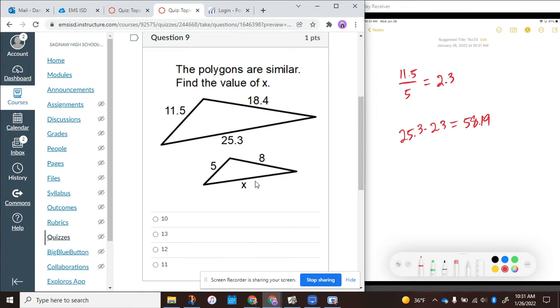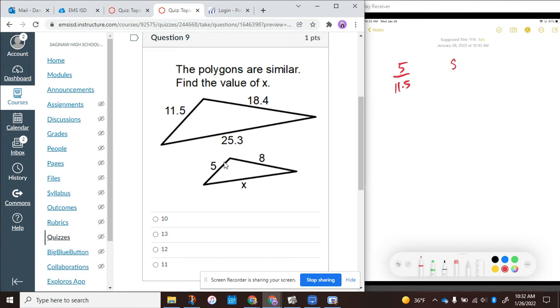Okay? This is where we got to use a little bit of logic and we got to work around some stuff. We know that our scale factor going from the small one to the big one is 2.3. But what about the scale factor going from the big triangle to the smaller one? Because that's what we're actually going to need. If we did the scale factor the other way around instead, you could say 5 over 11.5.